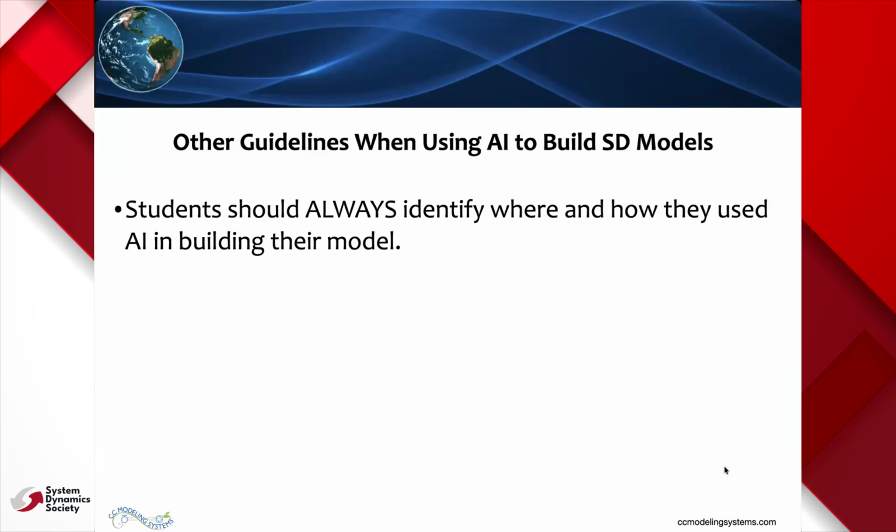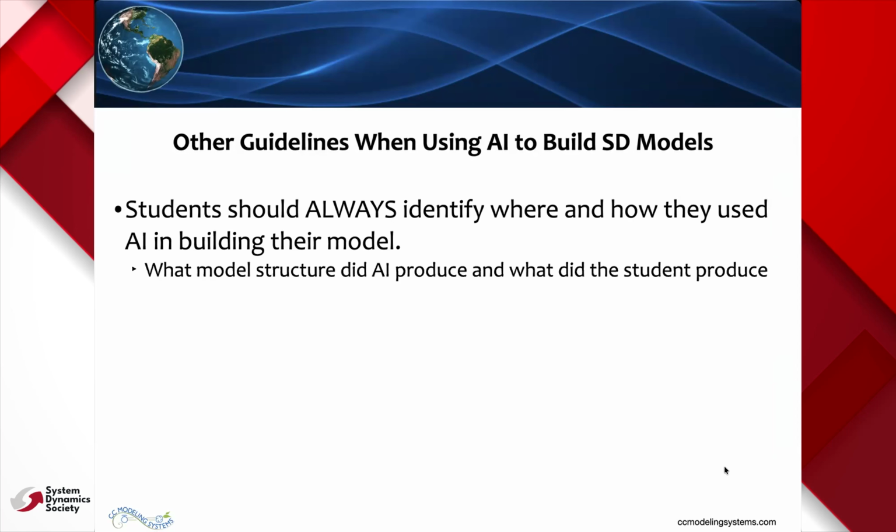Okay, a couple of other guidelines. Students should always identify where and how they have used AI in building their models. What model structure did AI produce and what did the student produce? Actually, Stella has built in a little tool for you to see what AI produced and what was not produced by AI. That's pretty cool. Not going to talk about that in detail, just mentioning it. Students should show the prompts that they've used.